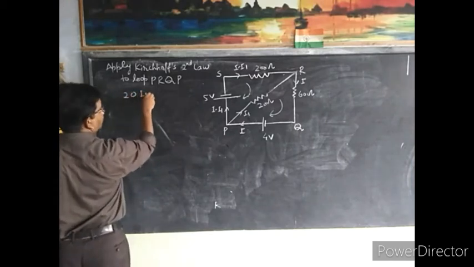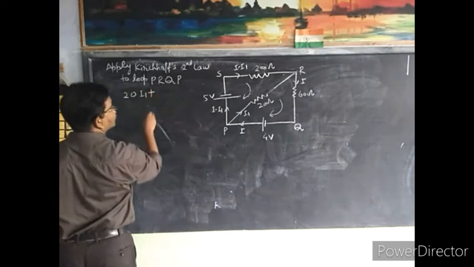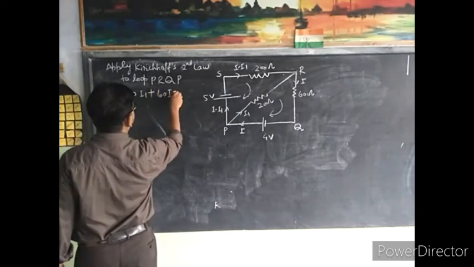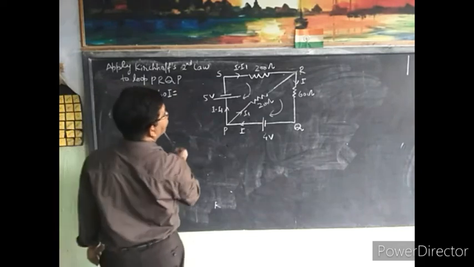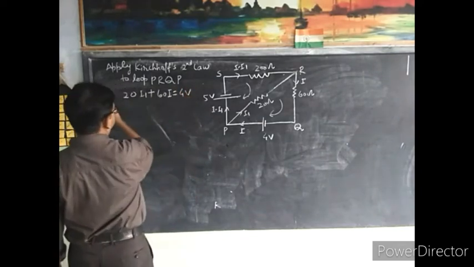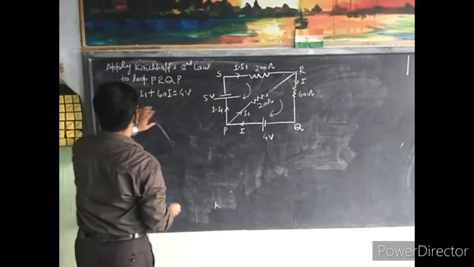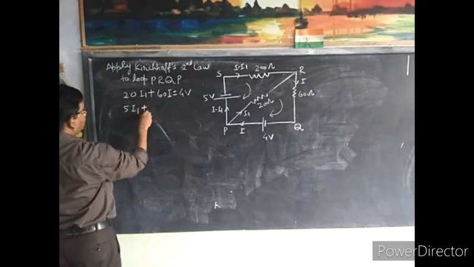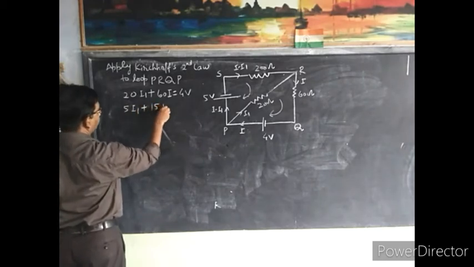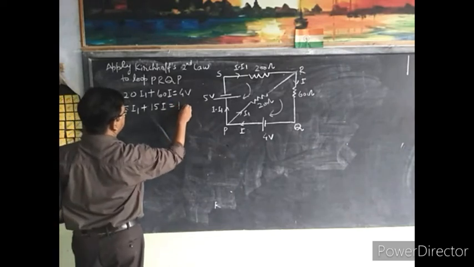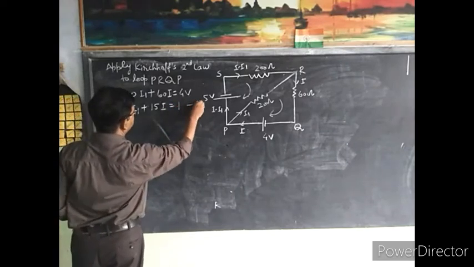Divide by 4 on both sides, that is 5 I1 plus 15 I is equal to 1. This is my first equation.